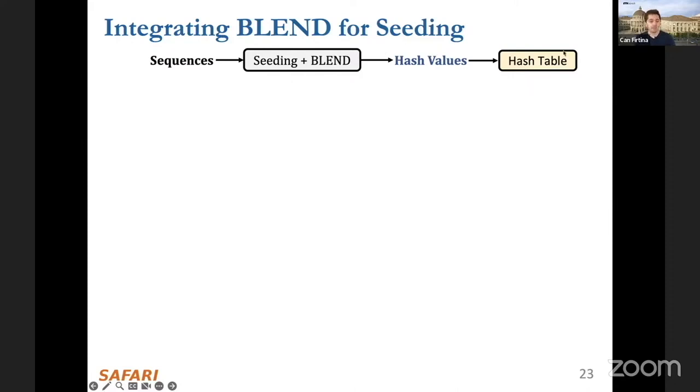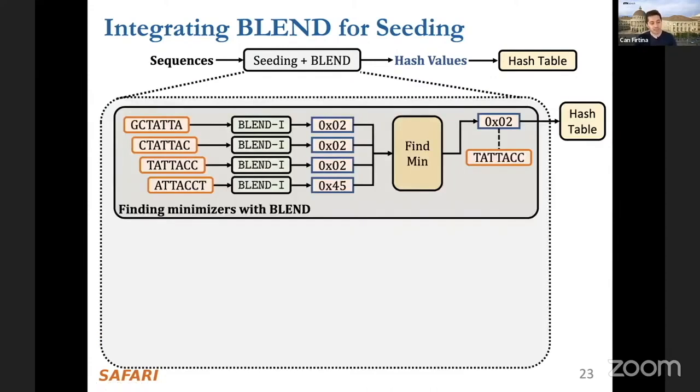And then similarly, we can store and query these hash values using the hash tables, as also explained earlier. Although this can be integrated into any seeding technique, as a proof of work, we integrate it into the minimizer technique.